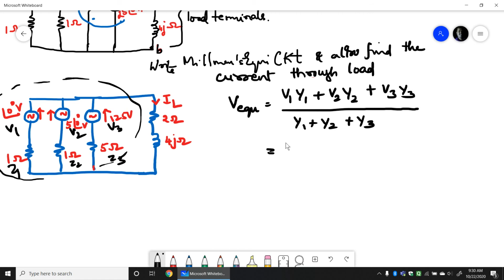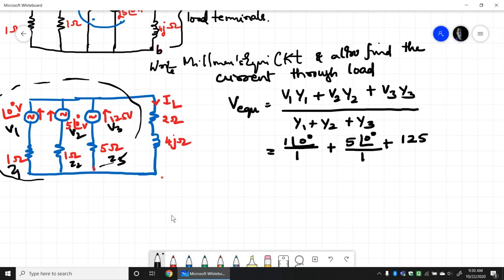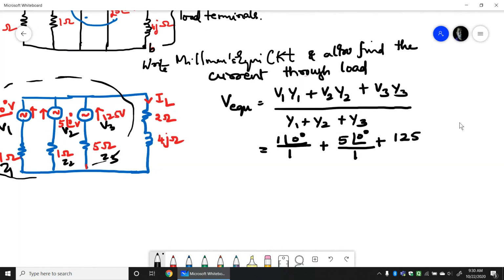So V1 is 1 at an angle 0 degree divided by Y1, which is 1 over Z1, 1 ohm, plus V2 is 5 at an angle 0 degree divided by 1 ohm again, plus V3 is 125 at an angle 0 degree divided by 5.